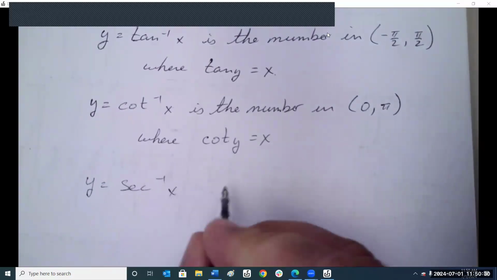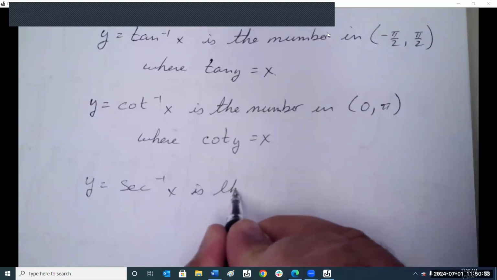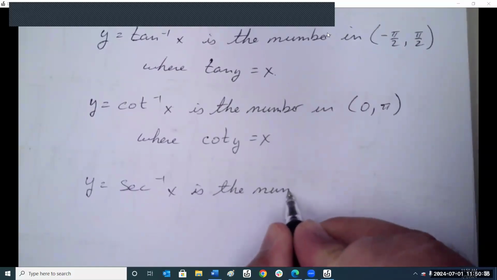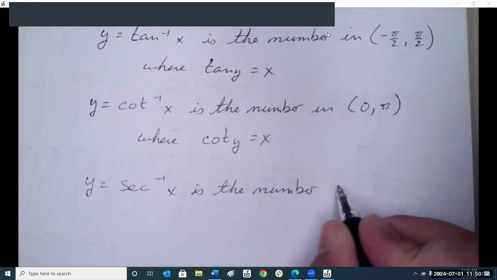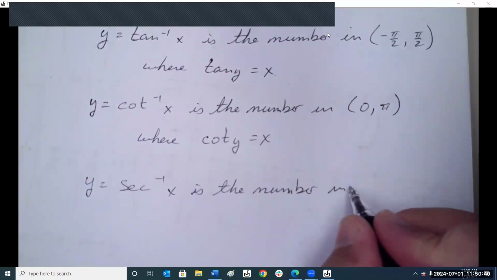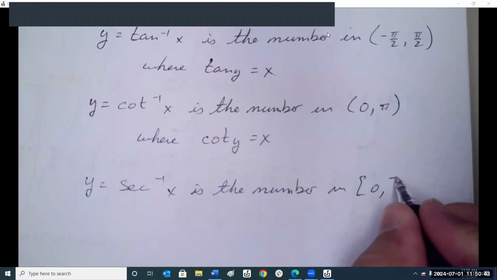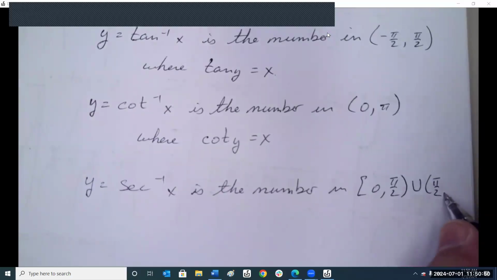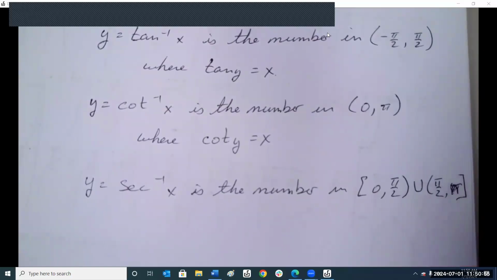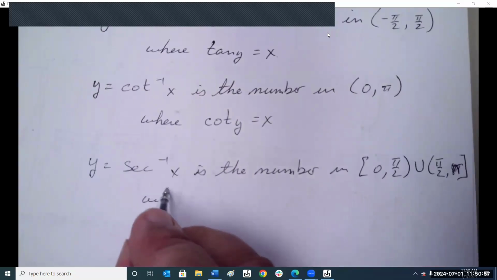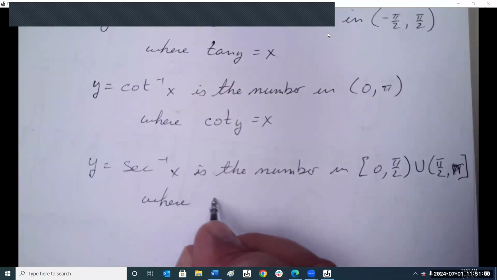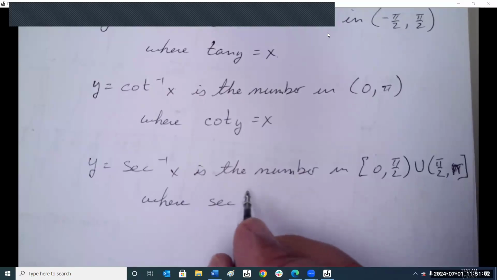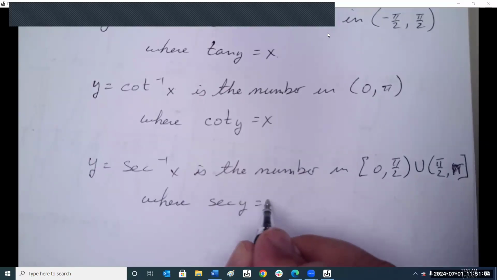The inverse of secant is the number in the half open interval 0, pi over 2, or pi over 2, pi, where the secant of y is equal to x.